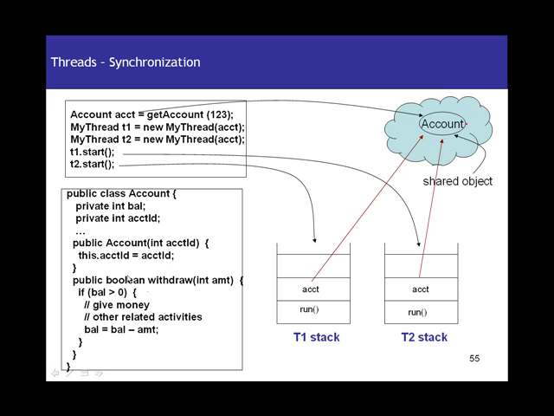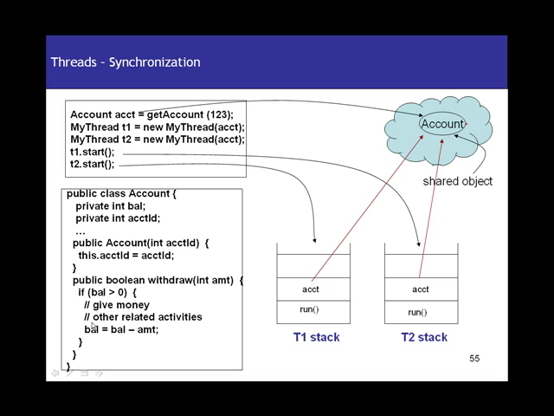This is the withdraw method in the account class. Basically it checks if I have some balance in my account, and only if there is balance, it makes another check whether the amount I'm trying to withdraw, AMT, is greater than the balance. If the amount is greater than the balance, it doesn't allow me to withdraw that money. Only if the amount is less than the balance, it is going to allow me.